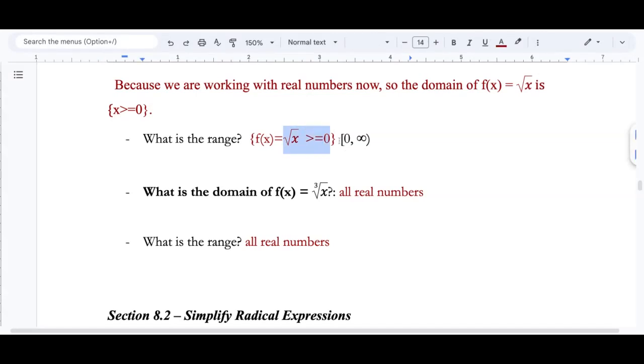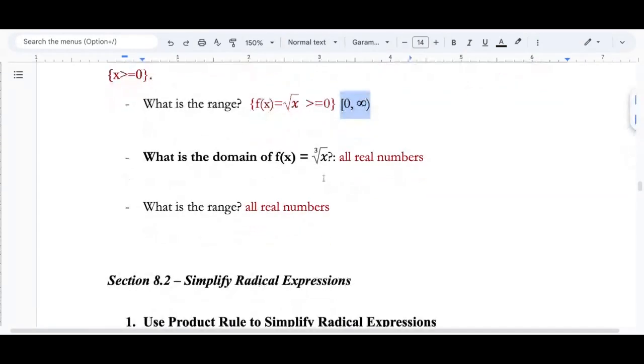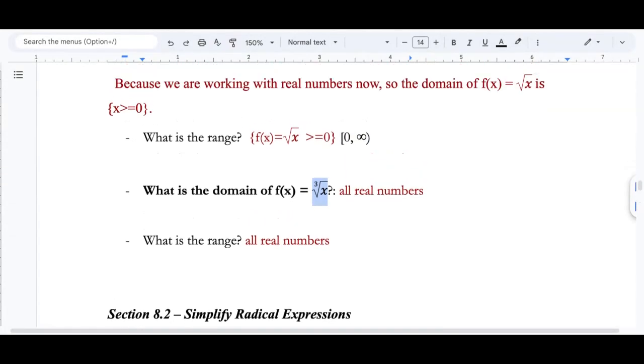Its range also goes from 0 up to infinity. What about the domain of the cube root of x? All real numbers, right? What is its range? All real numbers. Anyone has any questions?